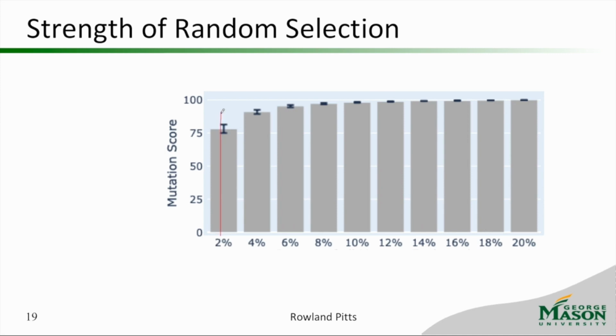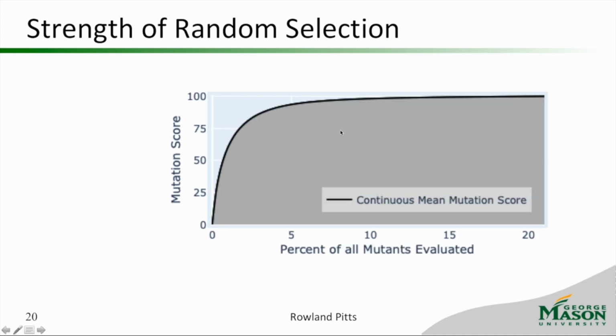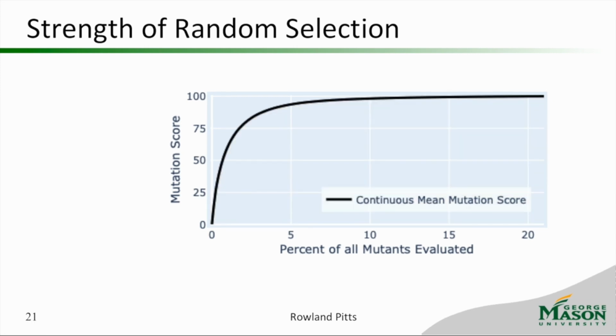Traditionally, the score rises very quickly and then plateaus, and there are diminishing returns associated with more work, which kind of disincentivizes the testers from continuing. We can sample it essentially continuously and get a continuous mean mutation score.